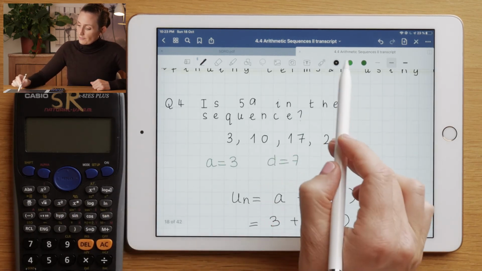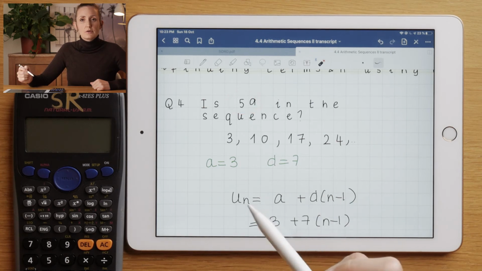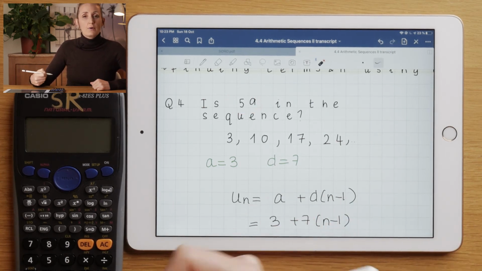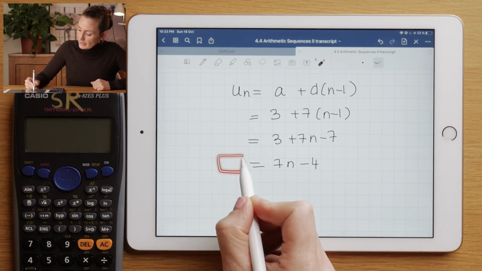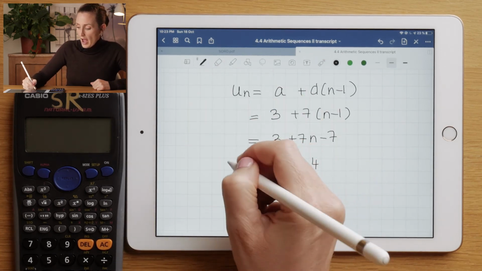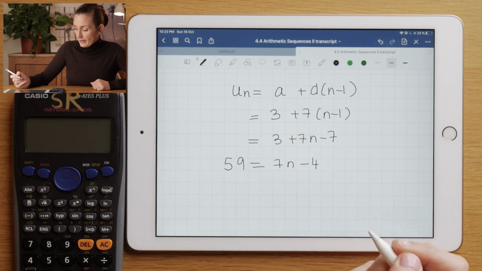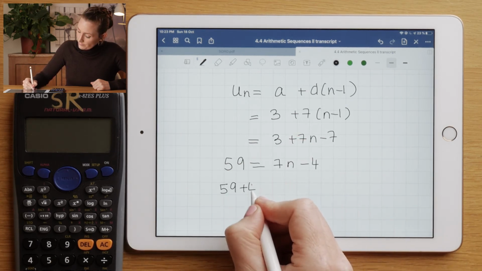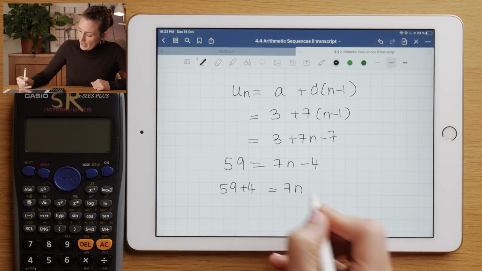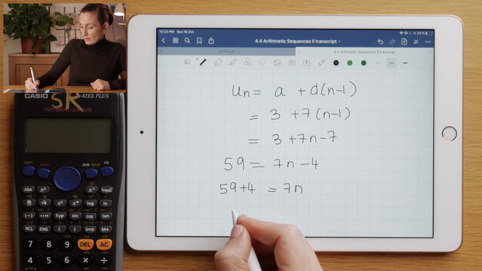Now, if 59 is in this sequence, we should be able to find out its term number by letting this expression equal to 59 and solving for n. So here I'm going to do 59 plus 4, which would be 7n.